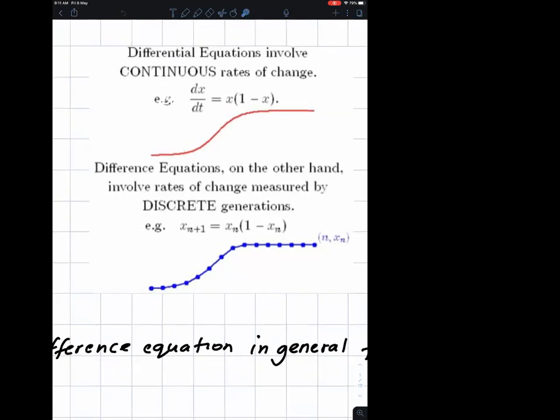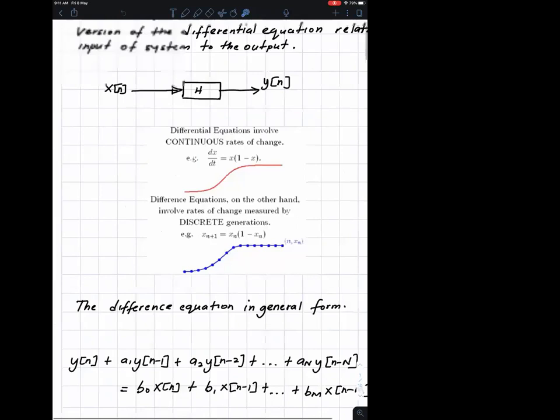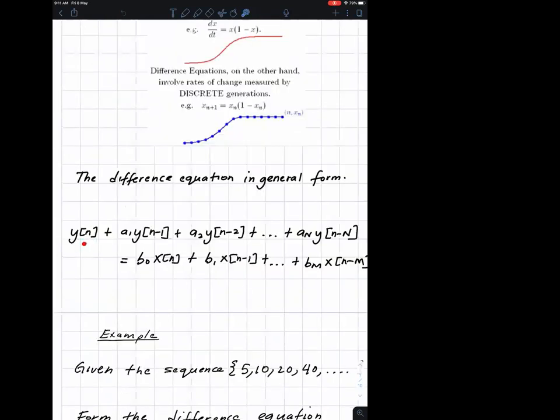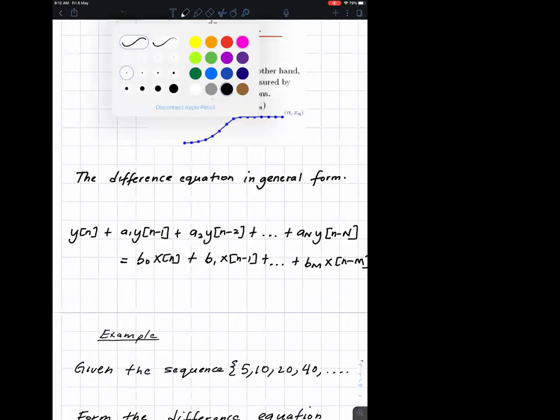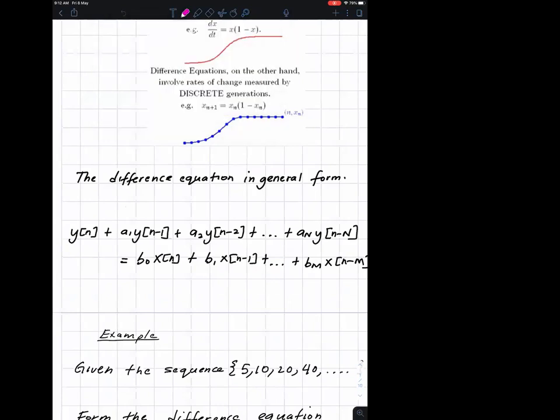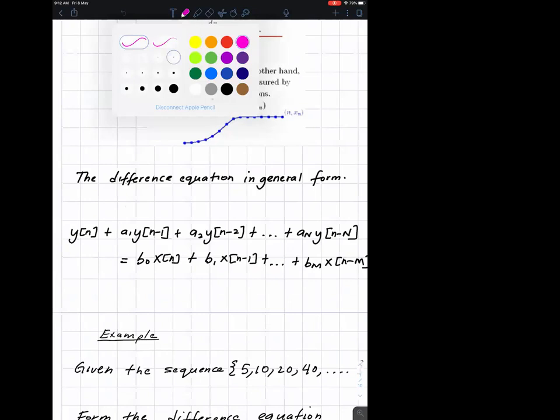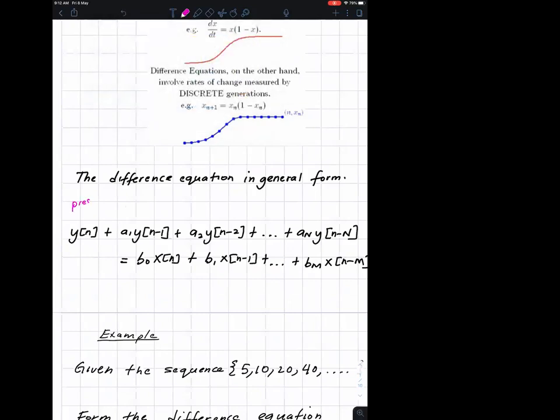The difference equation in general has this form. This is the present output, and this is some coefficient a1 multiplied by a past output.